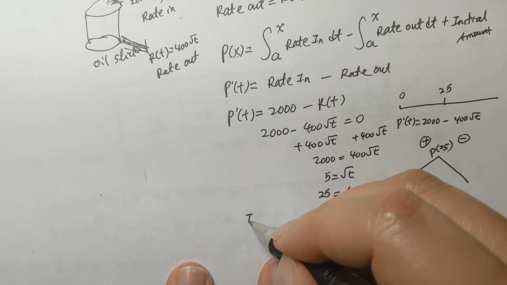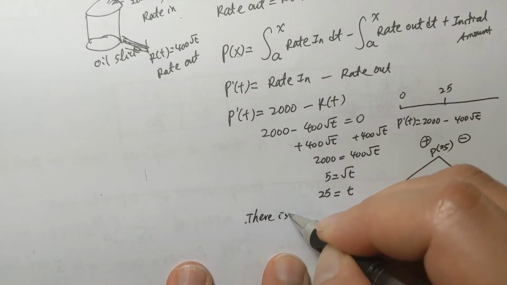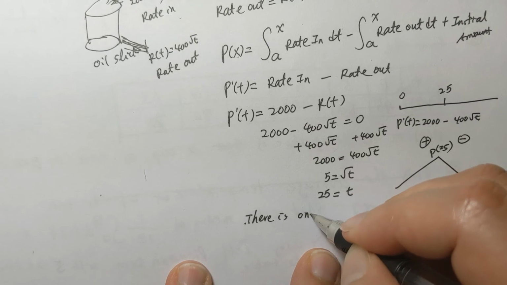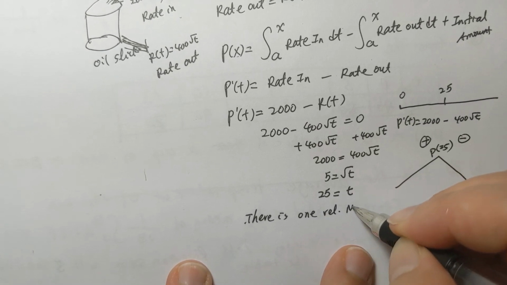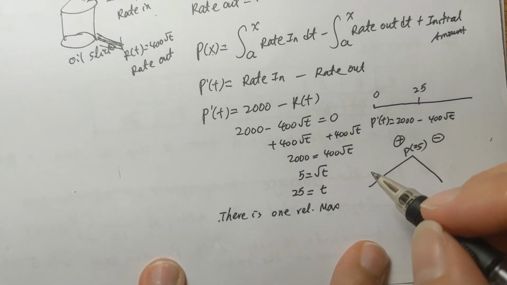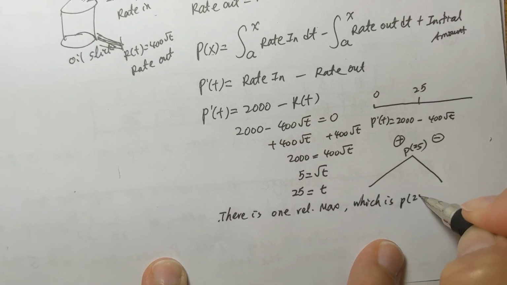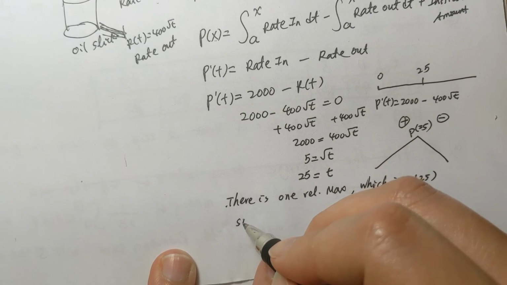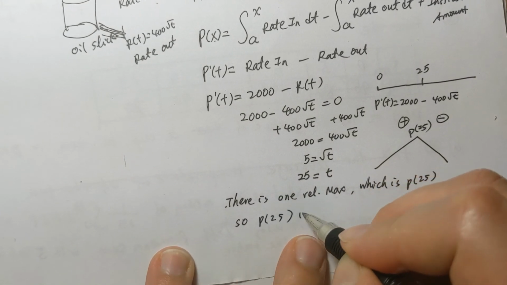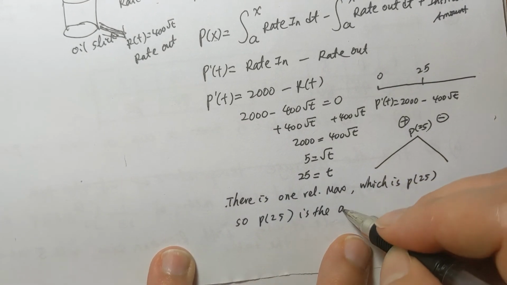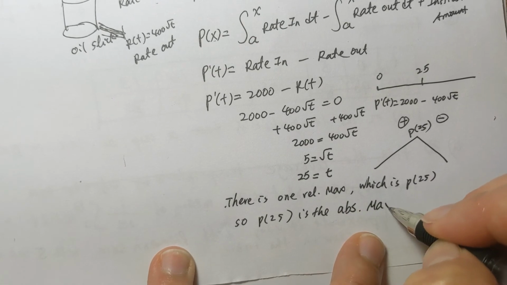So there is one local max, which is P of 25. So P of 25 is the absolute max.